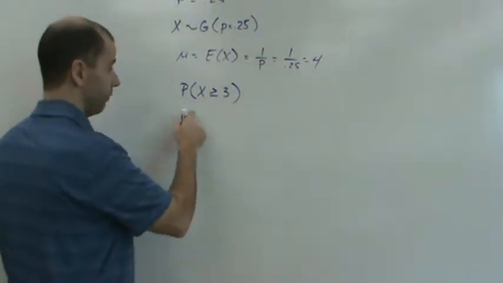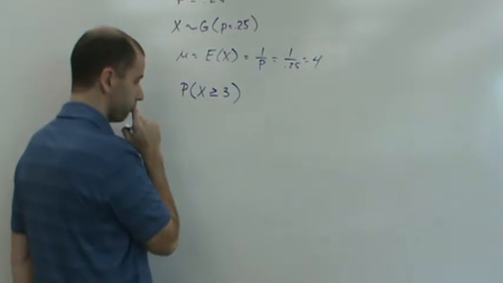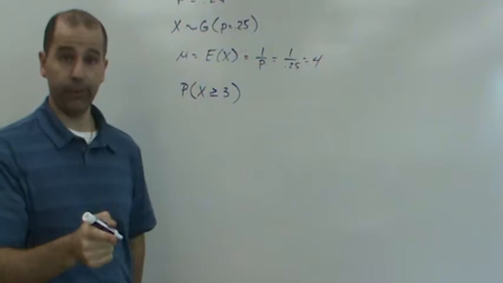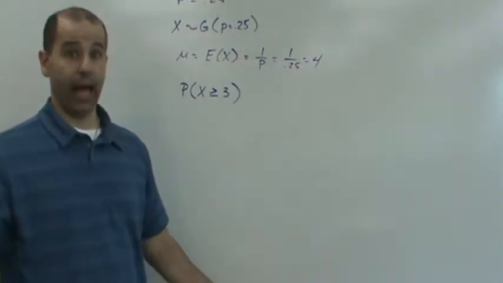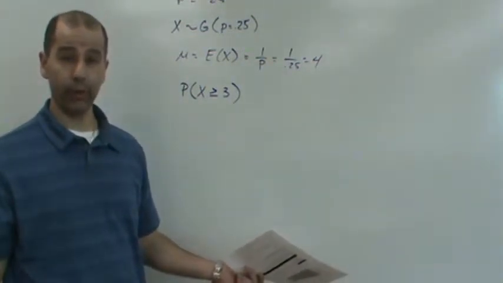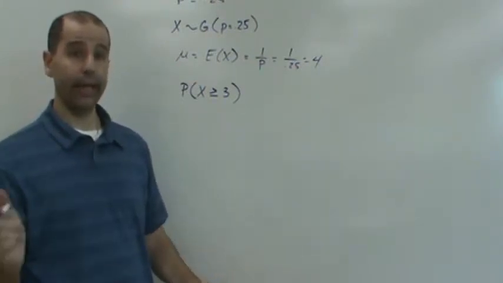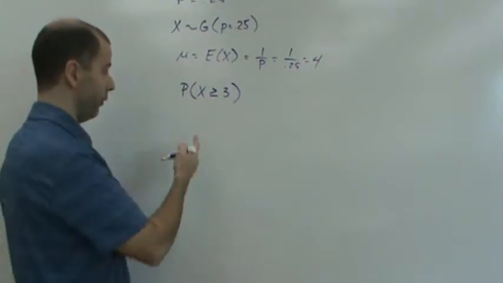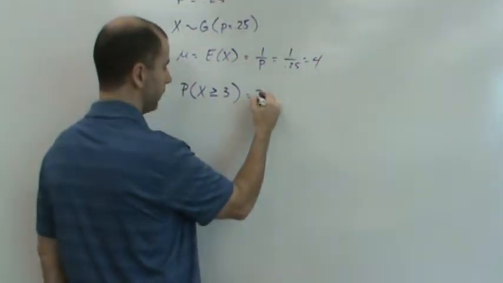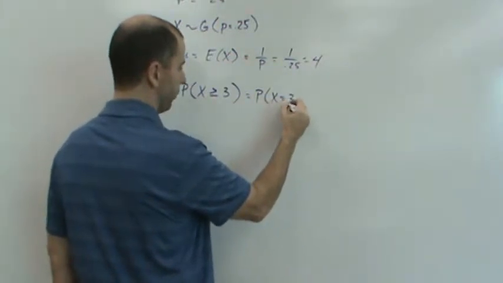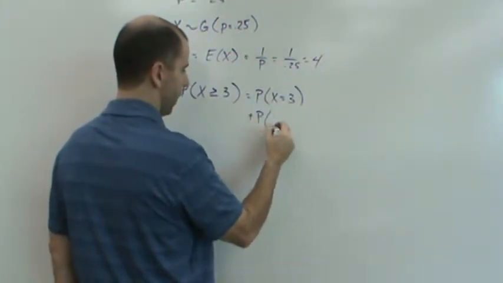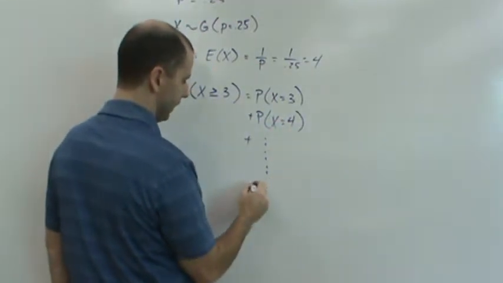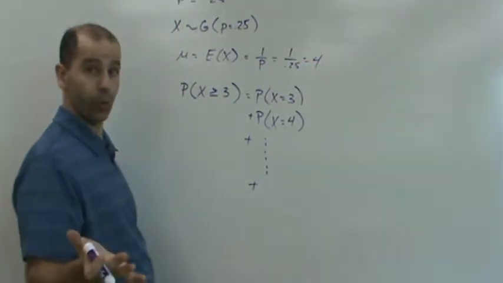Let's use our formula, right? This means what? It could be 3, it could be 4, it could be 5, it could be 6. I mean, it can go on forever. So do we really want to do it this way? No. In this case, we're going to want to use the complement rule, because otherwise we would have to do the probability of x equal to 3 plus the probability of x equal to 4 plus, and it could keep going on and on, right? So we don't know where to stop.